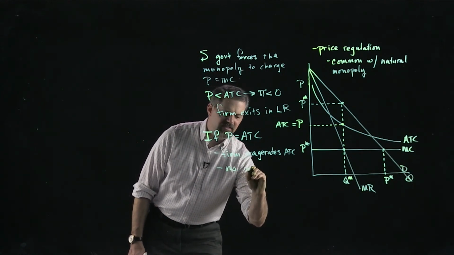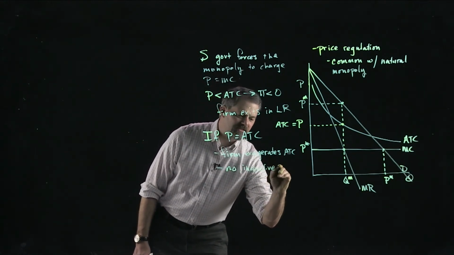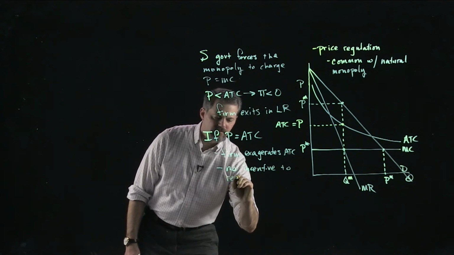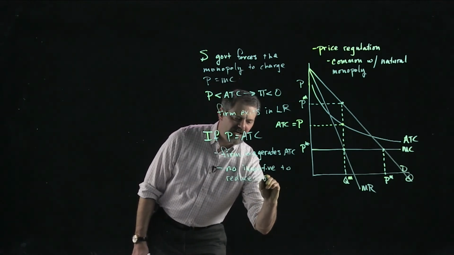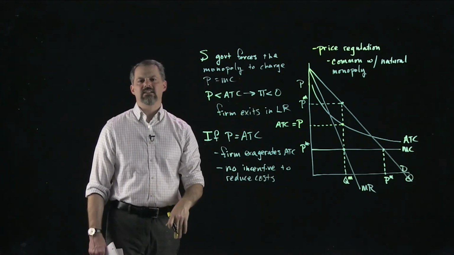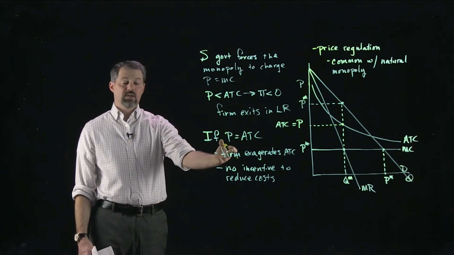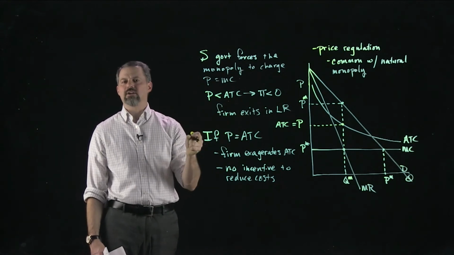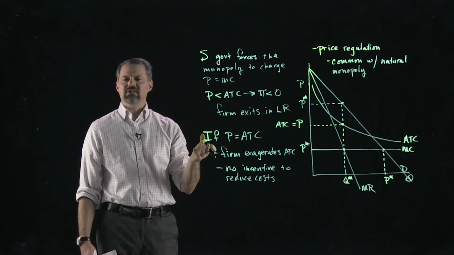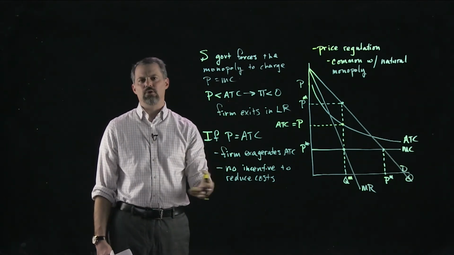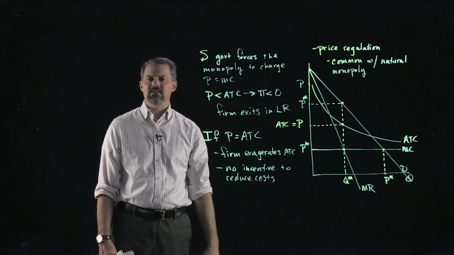So no incentive to reduce costs. As a matter of fact, the firm has every incentive to just let whatever happens to its average total costs happen, because the government is always going to allow it to charge a price equal to its average total cost, so there's no use to go through the effort to try to keep your costs in check.